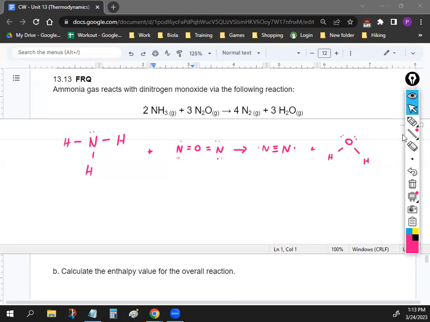Then it's the same thing here: delta H is the sum of all the products minus the sum of all the reactants. My little hint for you is to keep in mind the mole ratios, because that's going to affect how many of each bond is actually broken and produced.